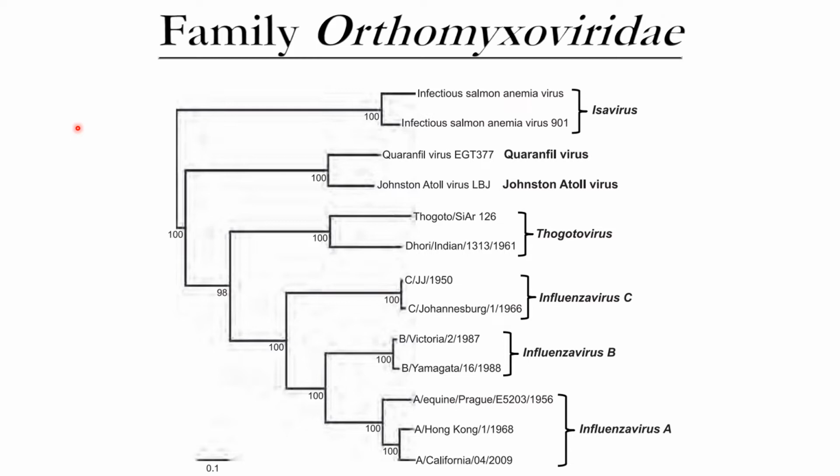For example, the 220th isolate of an H5N1 subtype virus isolated from chickens in Hong Kong in 1997 is designated influenza A/chicken/Hong Kong/220/97 H5N1 virus.